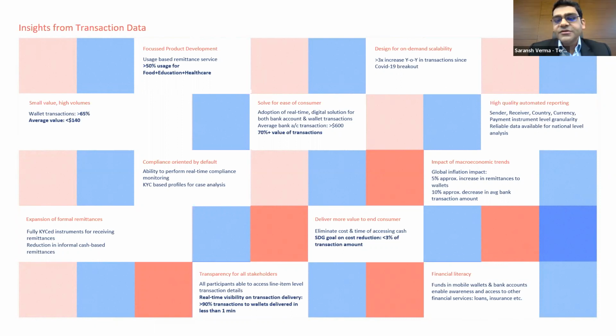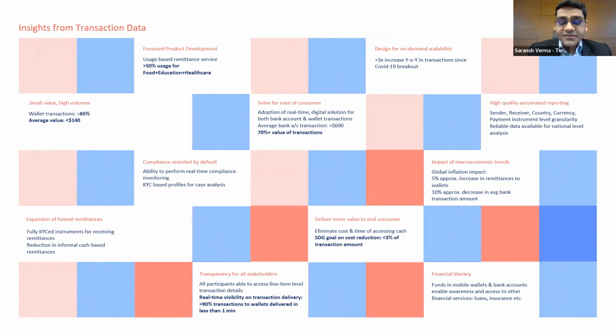It helps in deepening of financial inclusion, because then investment instruments, loans, insurance, etc., are available for them to utilize, compared to cash. So these were some of the insights which we have gleaned and which have helped us in formulating our products, as well as our interactions and collaborations with the regulators and the likes of UNCDF.